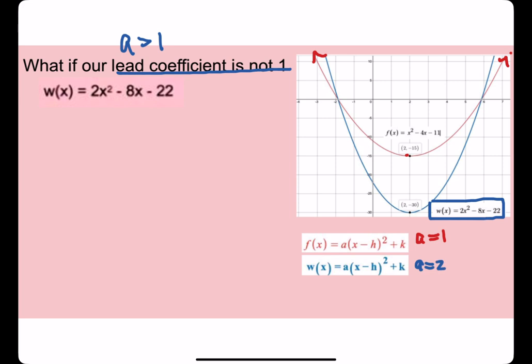Not only did the vertex change, because I changed all the coefficients, but it became narrower. So it narrowed and it stretched. So I stretched it, and when I stretched it, it became narrower.